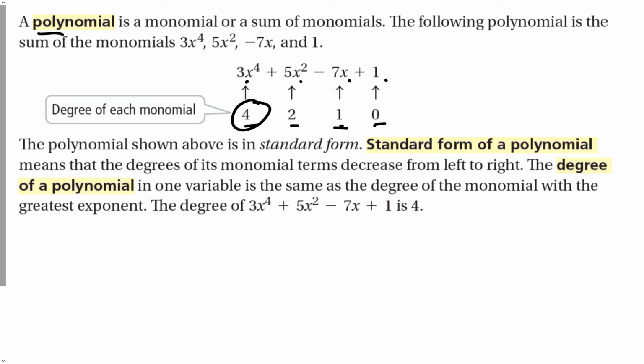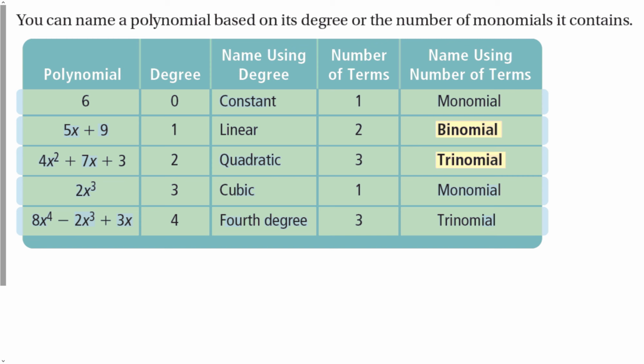Okay. Now, we have special names for polynomials with different degrees. So we can name a polynomial based on its degree and the number of monomials that it contains. And this is going to be the degree of the largest term.